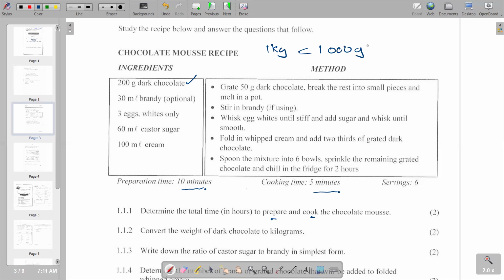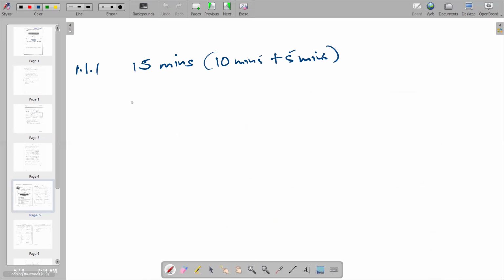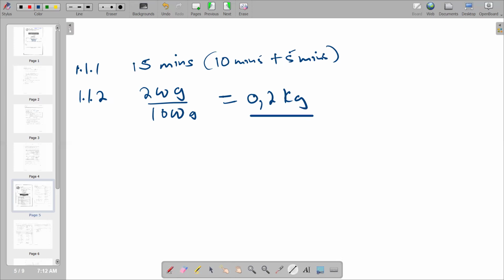If you convert grams to kilograms, we are supposed to divide by 1,000. The final answer that you're supposed to get is 0.2. After you've divided 200 by 1,000, you get your 0.2.